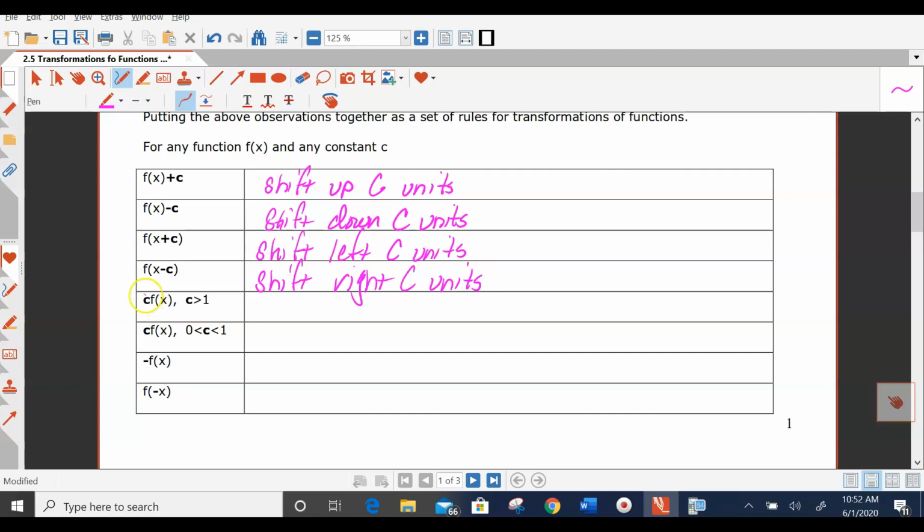Now, if I put a number in front, like that 1/2 or the 5, 1/2 is between 0 and 1, and what we saw was a vertical shrink. If the number in front is a number bigger than 1, like the number 5, then we see a vertical stretch.